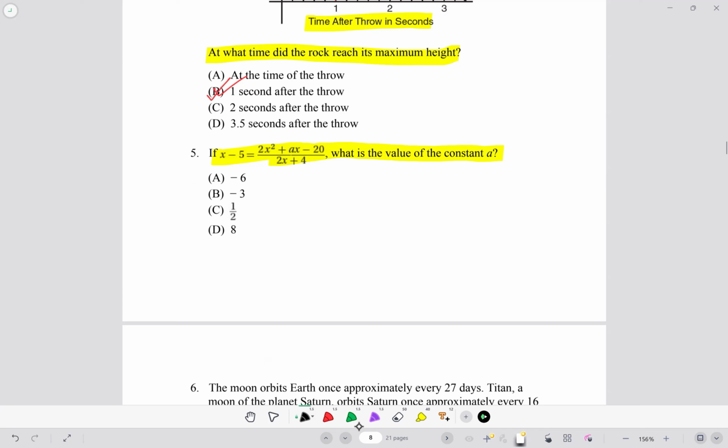It's an amazing problem. At least you can just give me some idea how to solve this problem. X minus 5 equals 2x squared plus ax negative 20 divided by 2x plus 4. What is the value of the constant a?